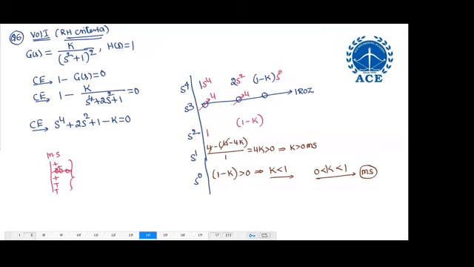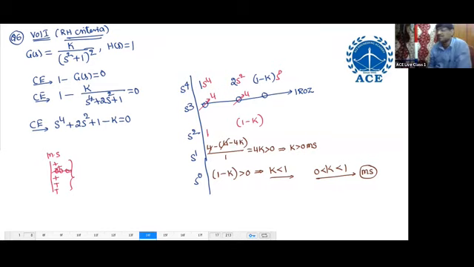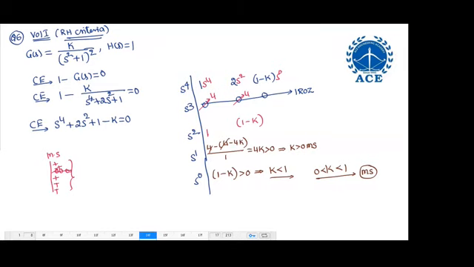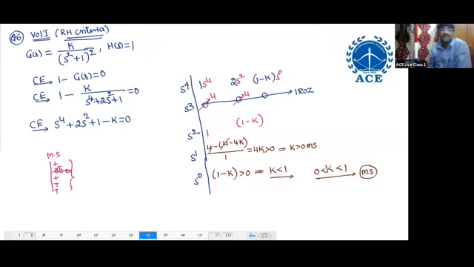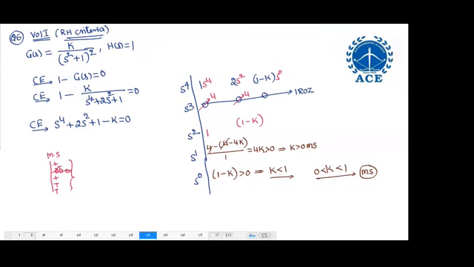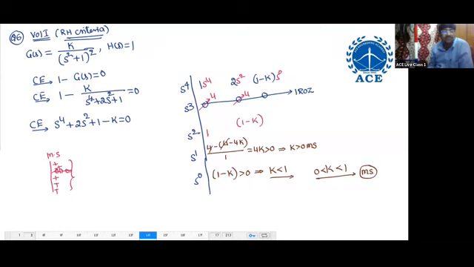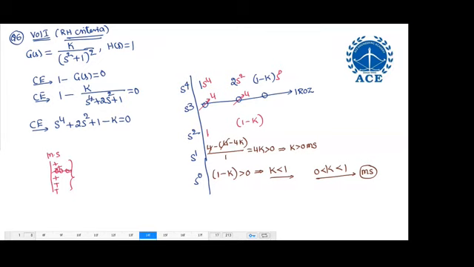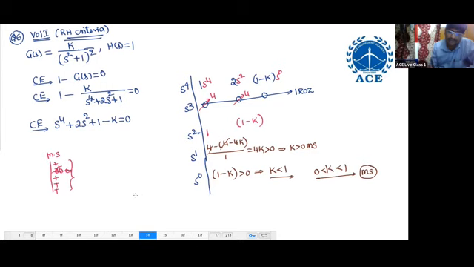No, automatically it won't satisfy the necessary condition. Can't we just say that if the necessary condition is not satisfied, it's not stable? Unstable. It may be unstable, it may be marginally stable. Okay, sir. Got it. Thank you, sir. Any more?